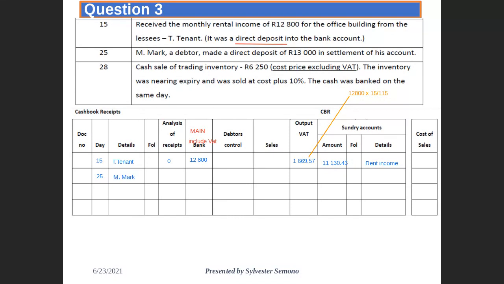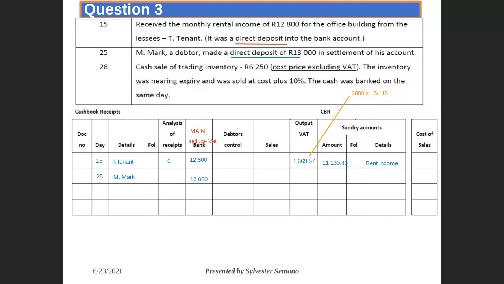So as you can see here, M Mark, the debtor, made a deposit of 13,000. Bank, I like that. So we go to bank, which is 13,000.